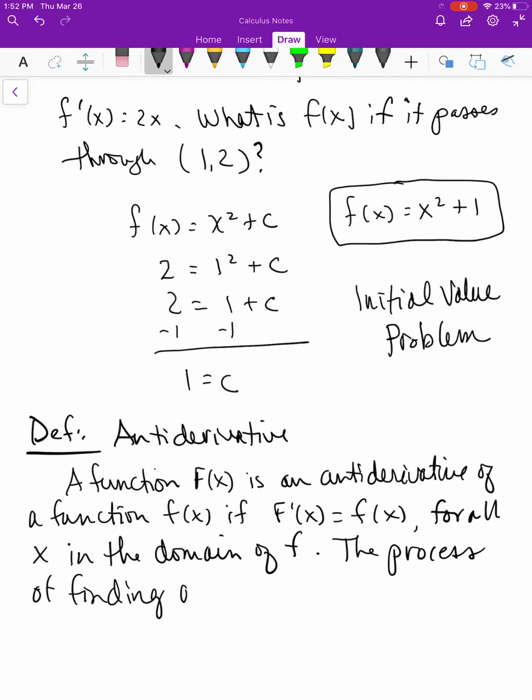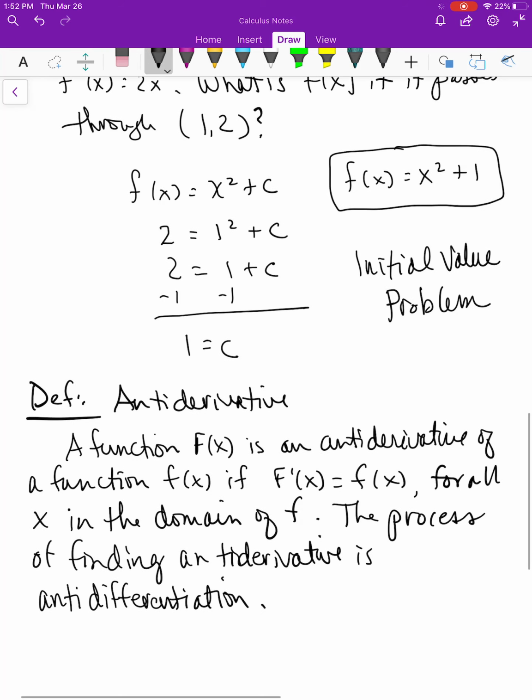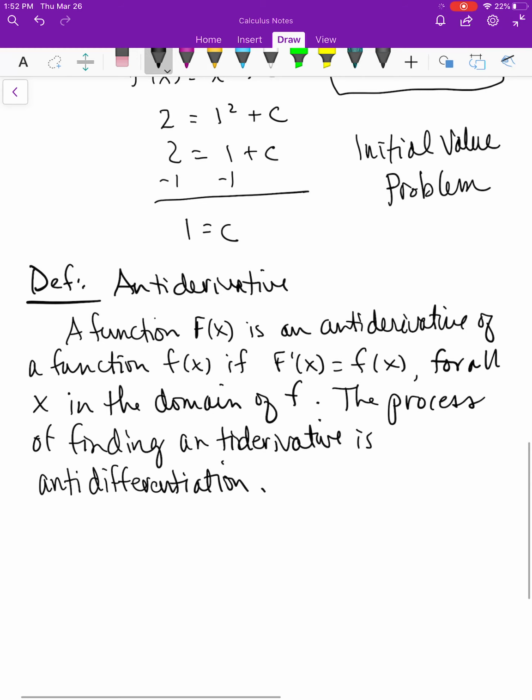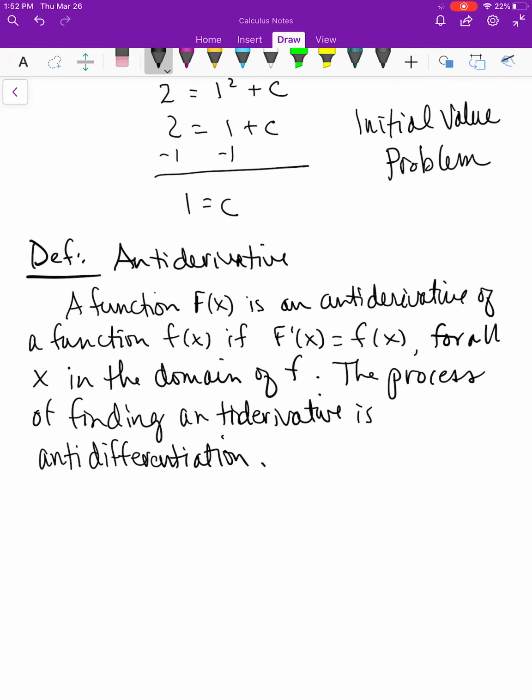The process of finding an antiderivative is antidifferentiation. And basically, you are just going backwards. Your answer, you can always take the derivative of and see if it works.